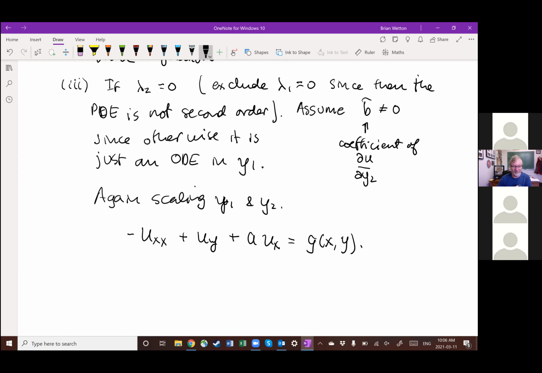So I'm going to scale these guys to x, this one to y, and I end up with something that looks an awful lot like the heat equation. And those are the only 3 cases. So if you ever wondered, gee, why are we looking at these generic PDEs with easy coefficients? It's because they really represent everything that can happen in these types of problems.